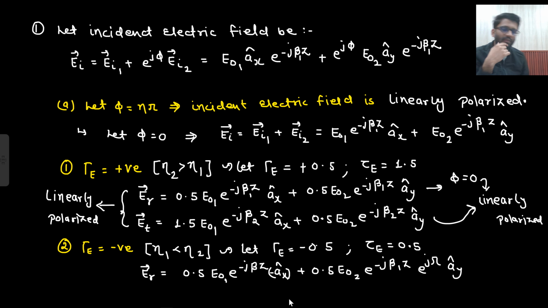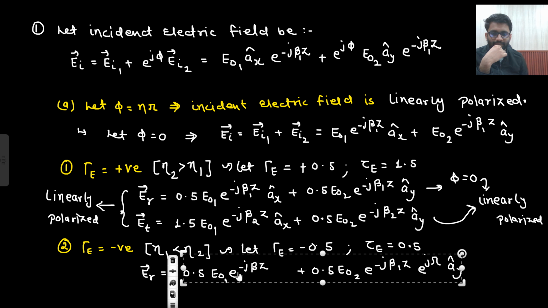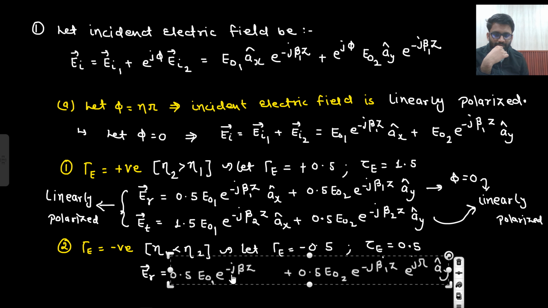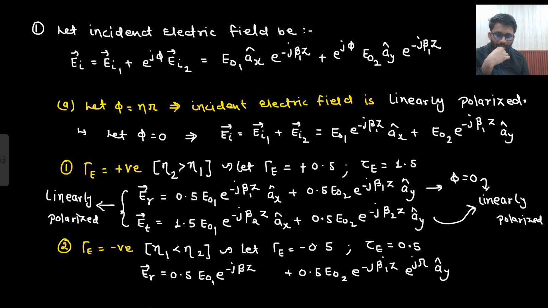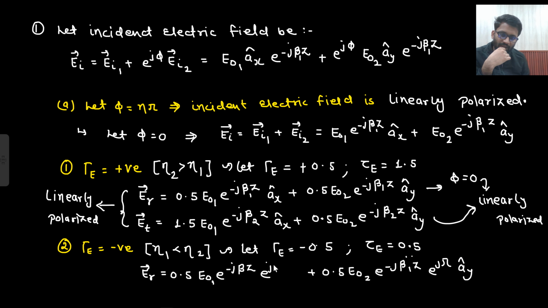Say yes or no. And if I need to write down plus ax here, then I can also give it a phase shift of pi. This can also get a phase shift of pi. So what is the phase difference? Again it is 0. Phase difference is still 0. And if phase difference is 0, then certainly it is linearly polarized.